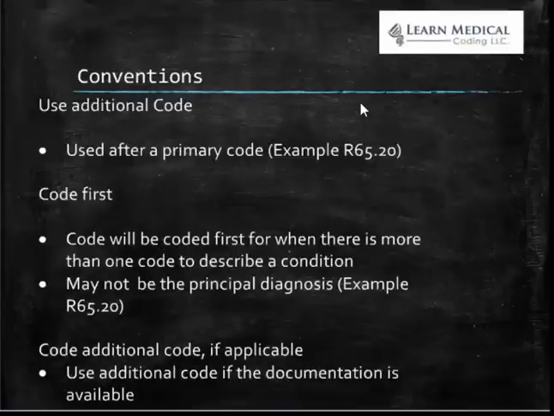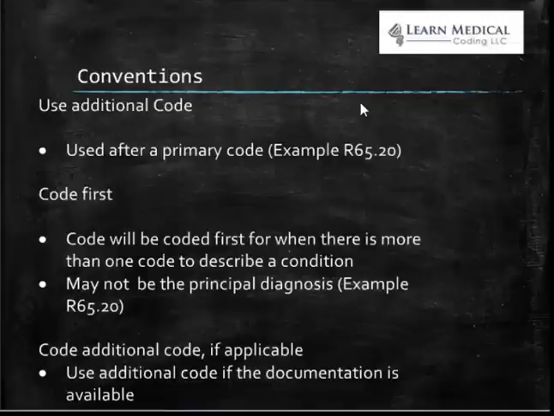When coding in your tabular list, there are notes back there, of course, that we've discussed. You're going to use an additional code when you're directed to do so. If you look at code R65.20 in your tabular list, you will see that you're told to use an additional code to code for specific acute organ dysfunction.